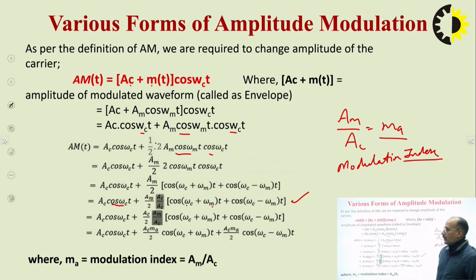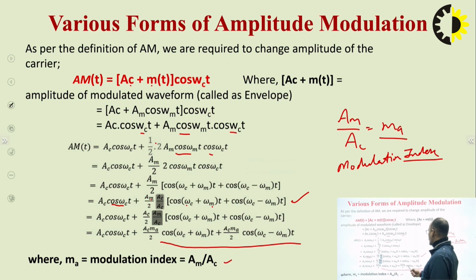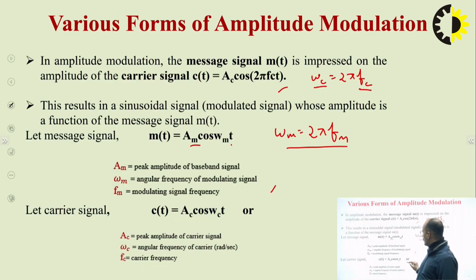Now in this final equation of AM, you can see that there are three parts. First one is AC cos omega CT, which is the carrier part.